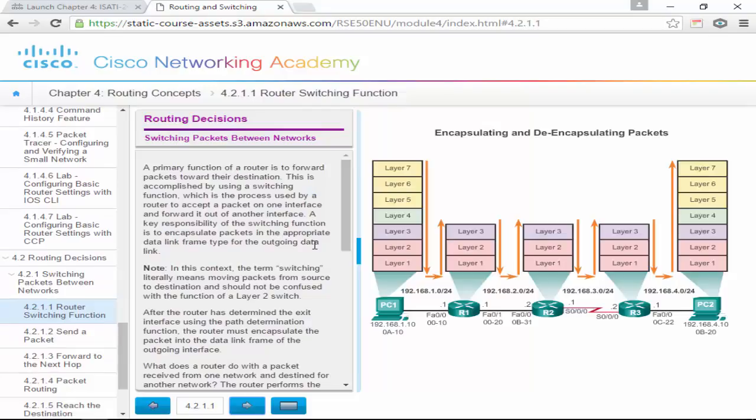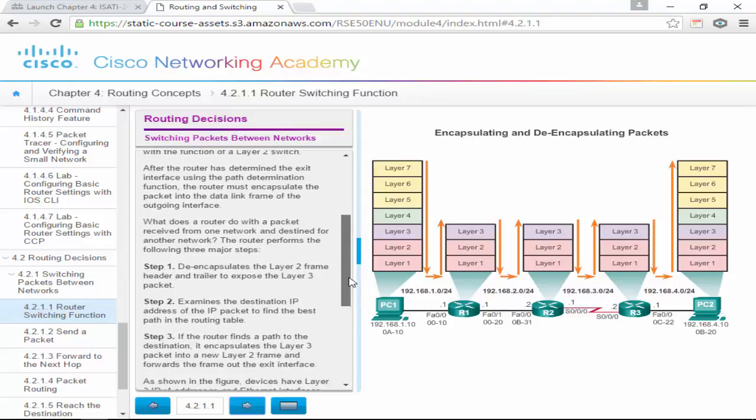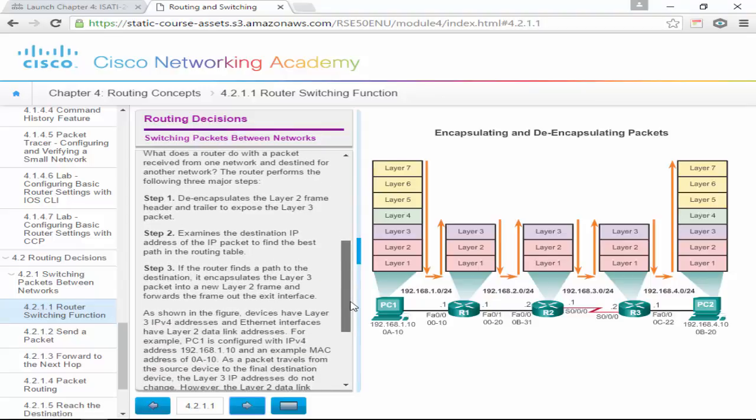Alright, so router switching functions. And this has to do with, as you can see, encapsulating and de-encapsulating. And we should already know this, right? We know how routers work, okay? I hope. So what happens is we get this whole OSI stack, right? And then it goes into bits across here and it comes into frames.